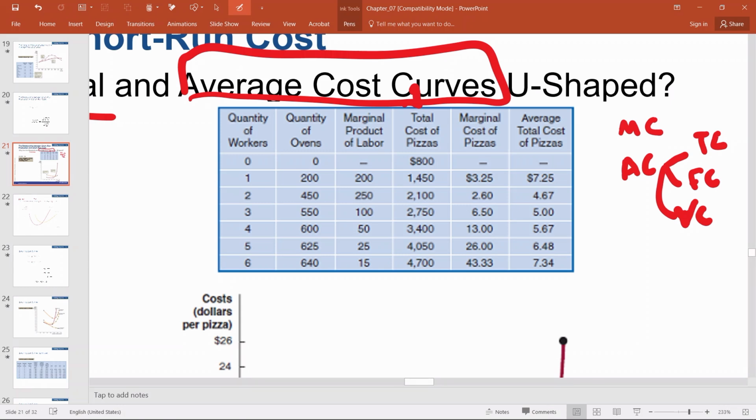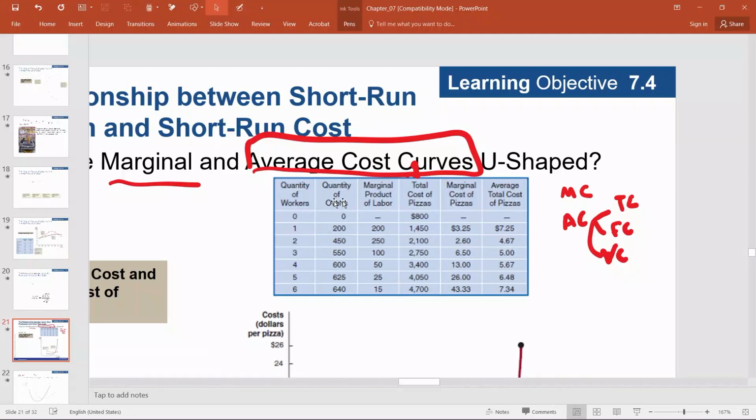So see here, this is the number of workers, but we are focusing on this one, quantity of production. So this has to be quantity of production. This is wrong. This should be quantity of production of pizza.